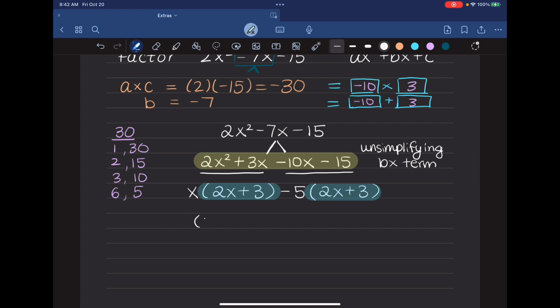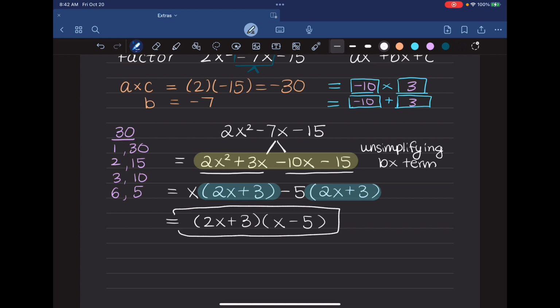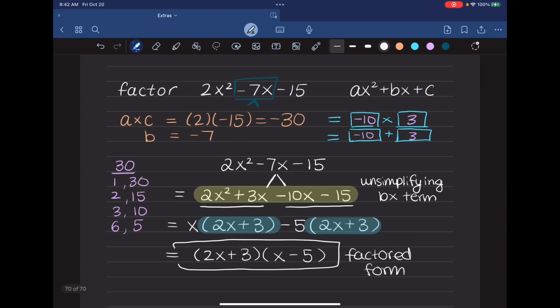So I factor out 2x plus 3, and then in the first term I'm just left with x, in the second term I'm left with a minus 5, and now here is my factored form, right? So this is my factored form. And above, we had started with our standard form.